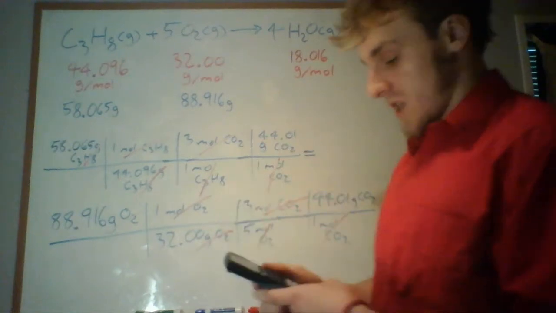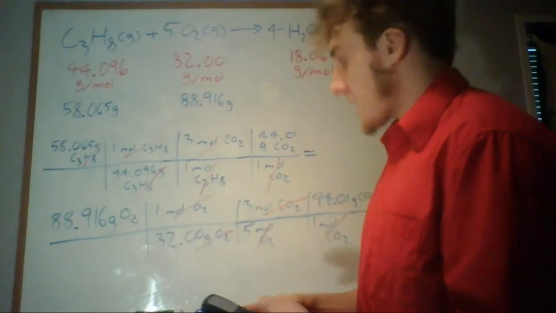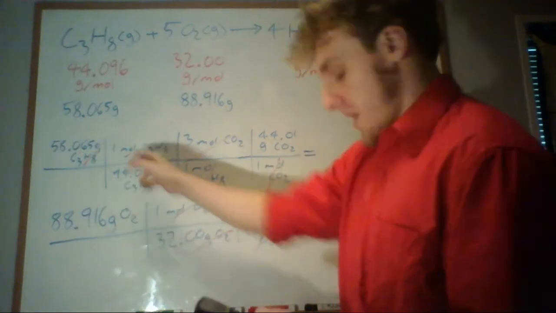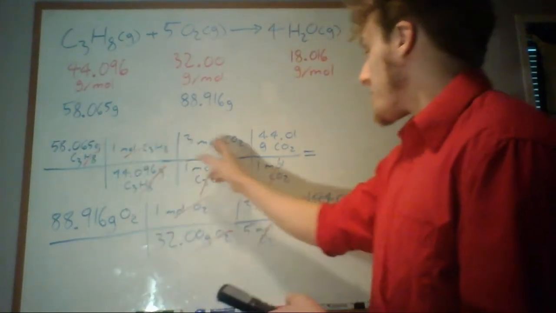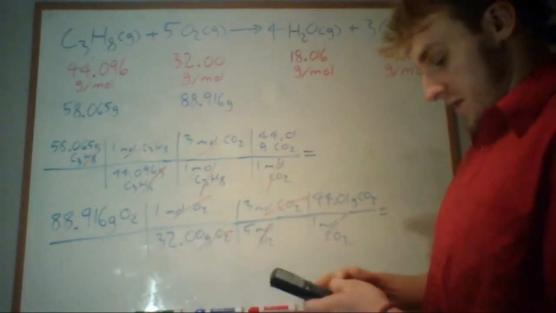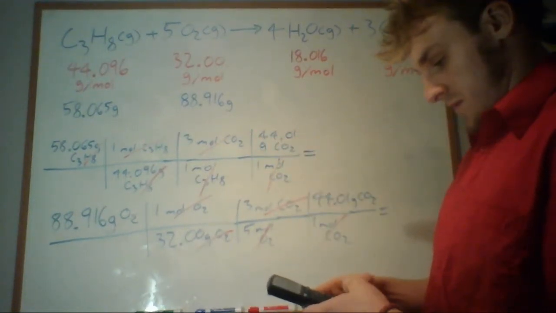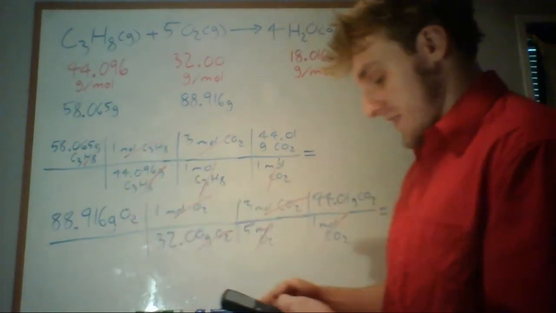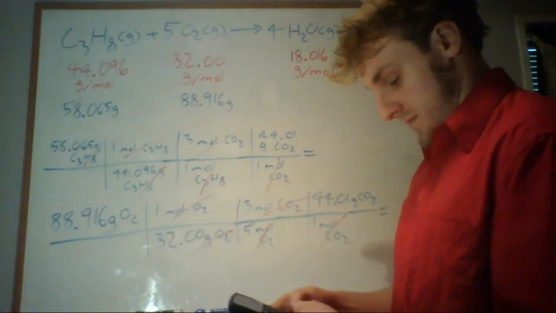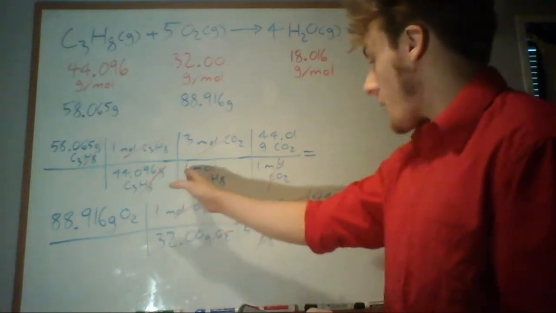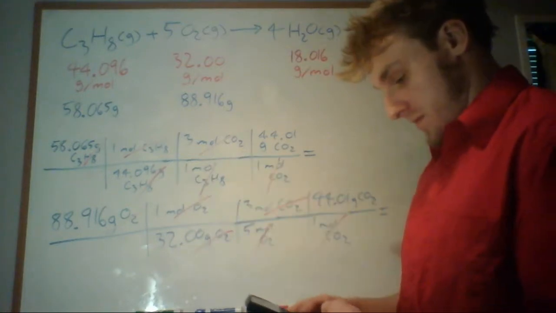So we'll take 58.065, multiply by 1, multiply by 3, multiply by 44.01. Now we'll divide by 44.096. We'll divide by 1, and we'll divide by 1.